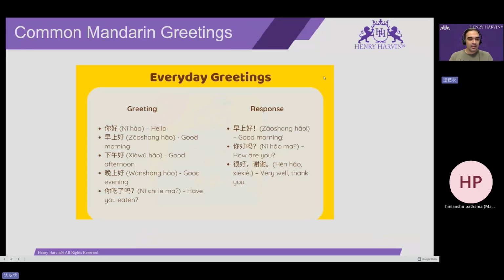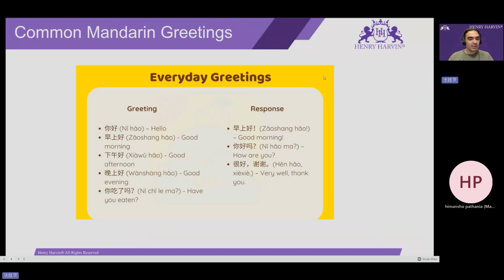And ni, as we know, means you, and chi means to eat something, and le denotes a sense of some event that has already been done, or a past kind of scenario.